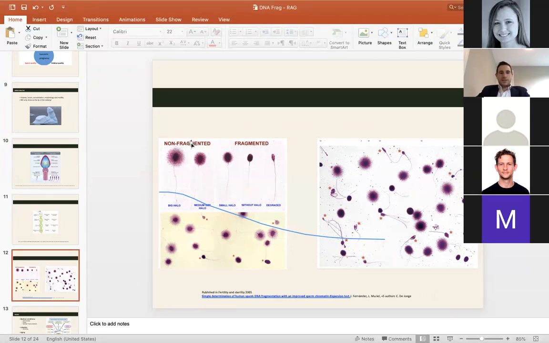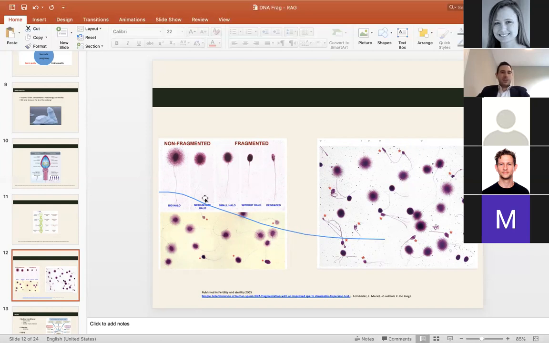So this is non-fragmented DNA, which means that the DNA content of these two sperm will pass the test, and they are labeled as normal. If you have fragmented DNA, you will see this halo with less intensity and less clarity. And this will mean that these sperm have higher indices of DNA fragmentation.